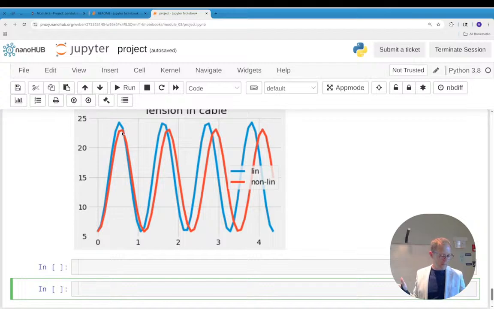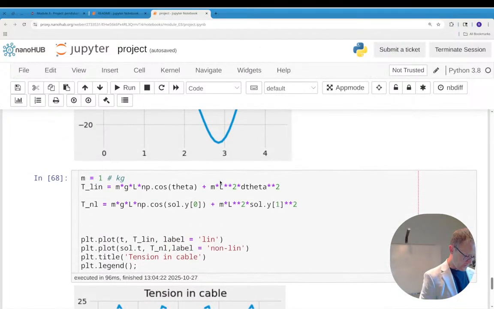Our linear said it's going to be 24. So it's close, but a little higher, and that's okay. Unless we're trying to optimize design, then we're just adding extra steel for no reason, or whatever the cable's made out of. Cool.